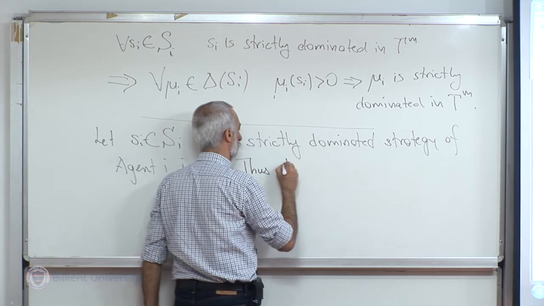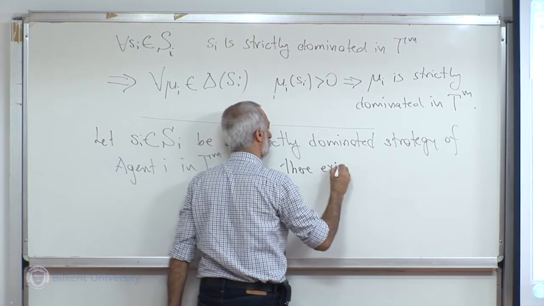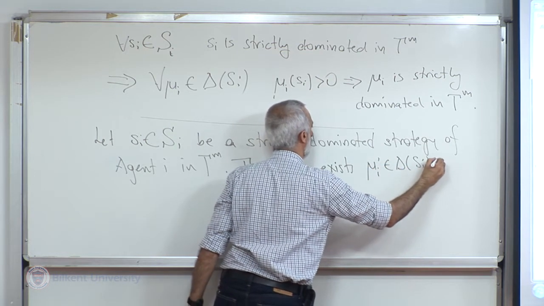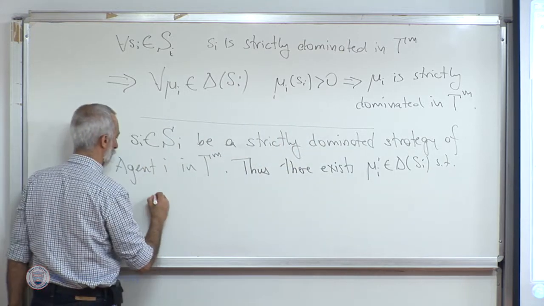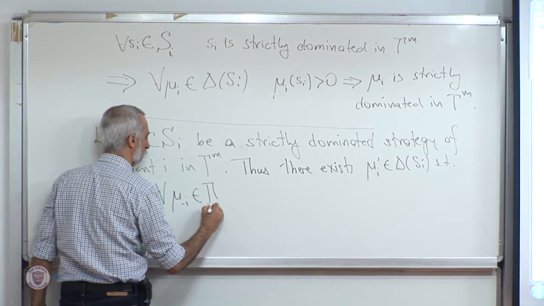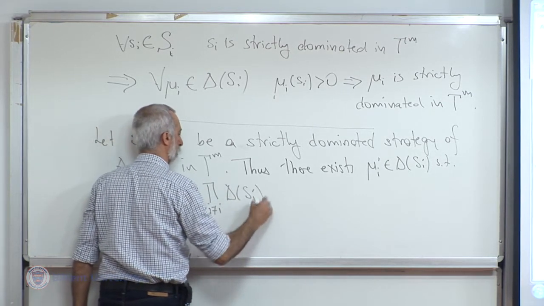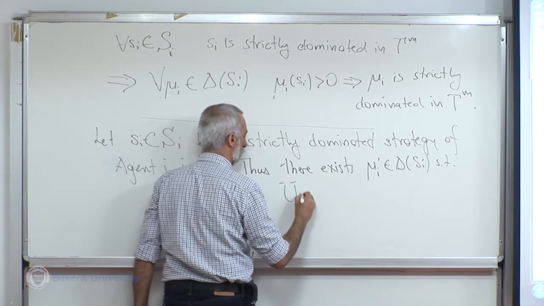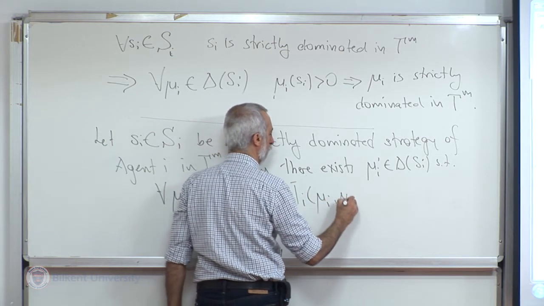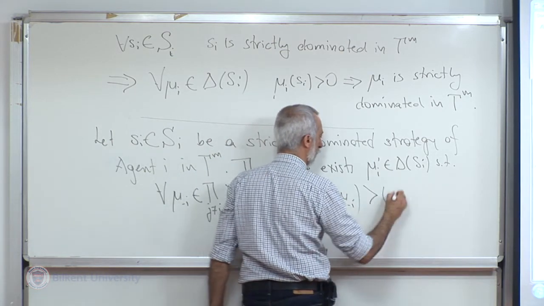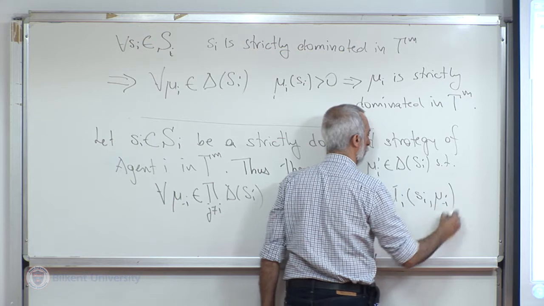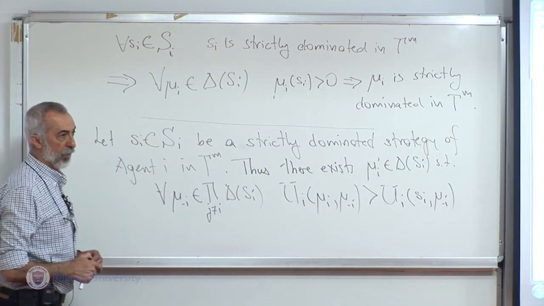Thus, there exists mu I prime, a mixed strategy of player I, such that for any mixed strategy profile mu minus I of the opponents, the expected payoff that agent I gets under the profile mu I prime, mu minus I is greater than the expected payoff that agent I gets when he plays SI and the opponents play mu minus I. So that's what we have.